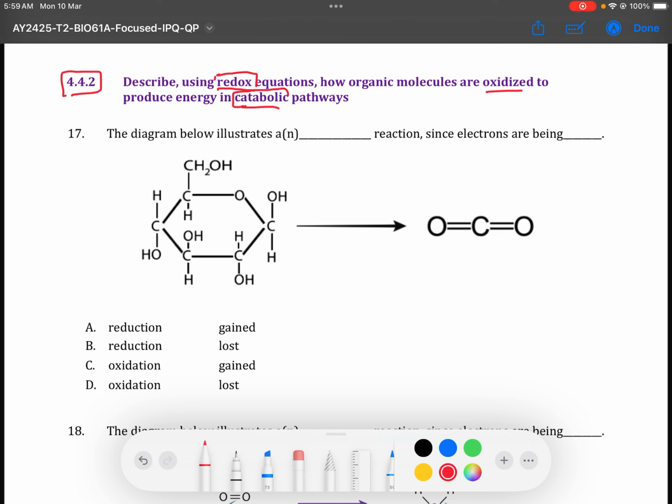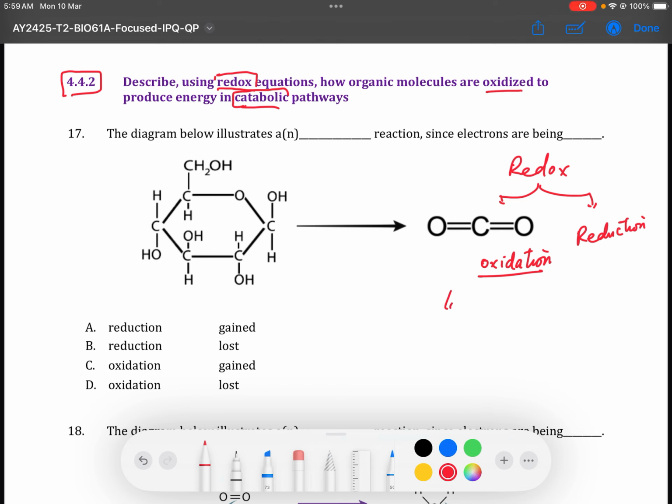Redox is any reaction where both oxidation and reduction are happening at the same time. Such reactions are called redox reactions.